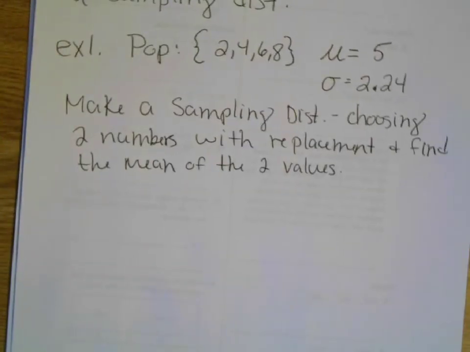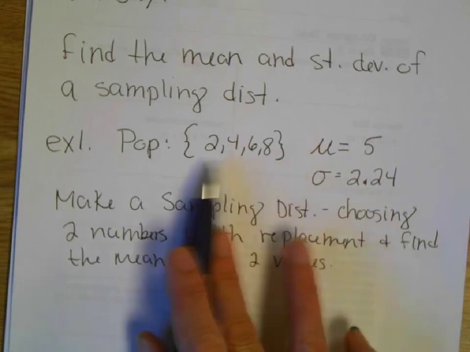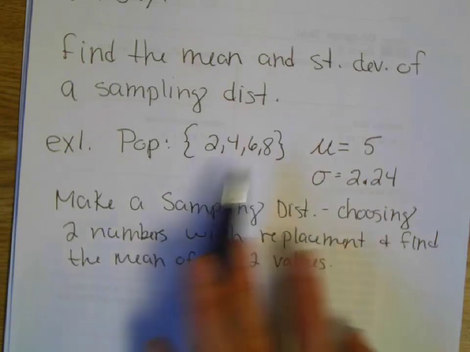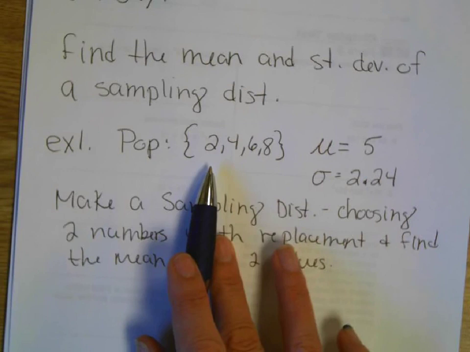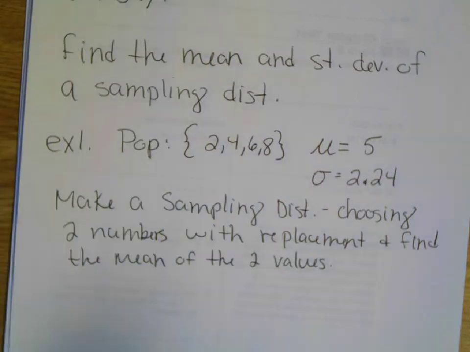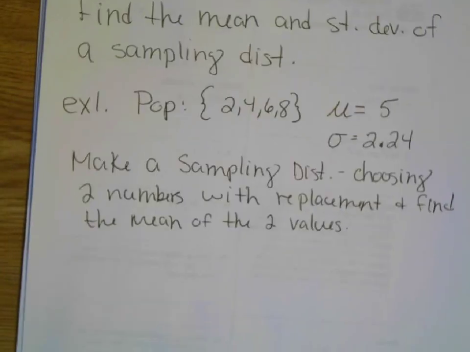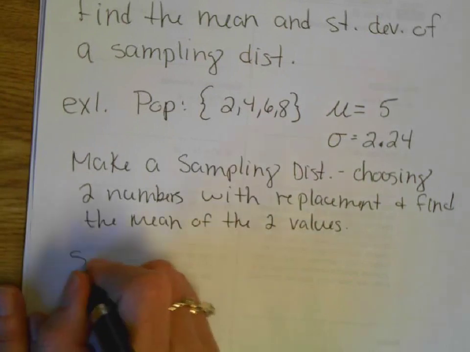It's going to be a long table because we're going to take samples of size 2 from this population. We're going to take 2 numbers out, find the average, write down the average. And we're going to do that till we've done all possible samples of 2 that we can take out of this. So it's going to be a big table.